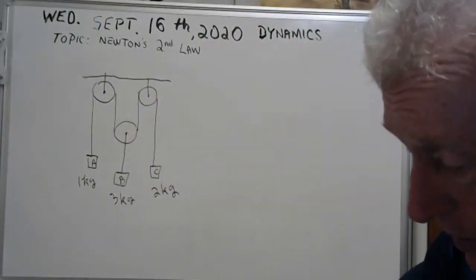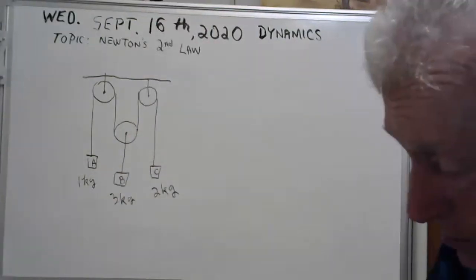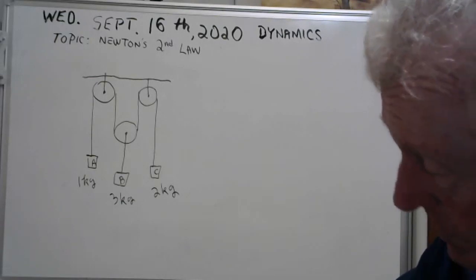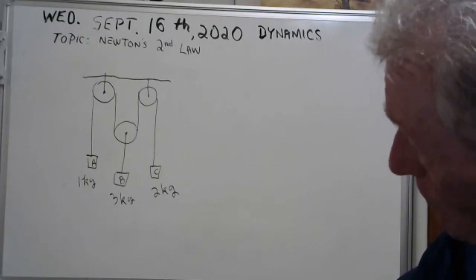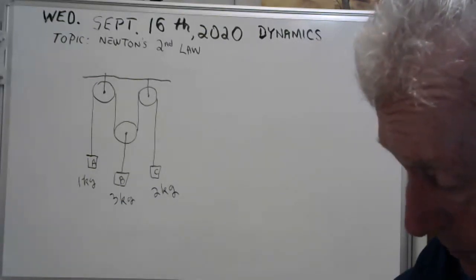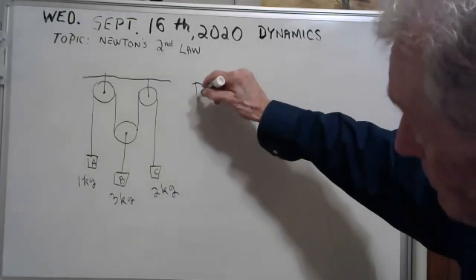Okay, we're going to go through our method of doing these problems. I drew the sketch of the bodies, and I'm going to put some red stuff on there in a minute. But before I do anything else, I'm going to get the dependent motion equation.